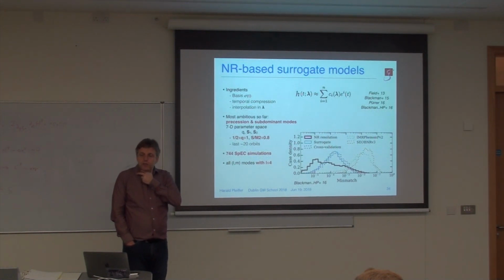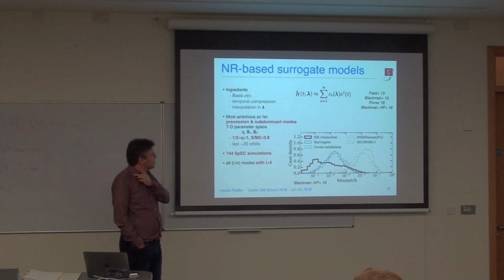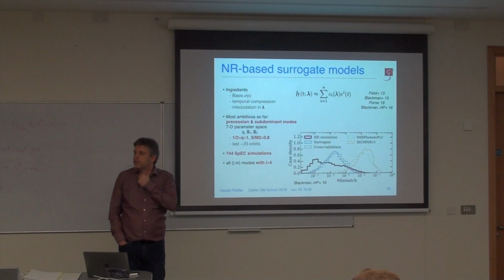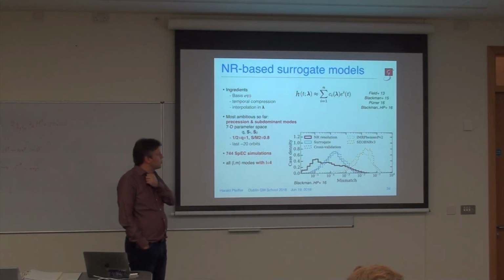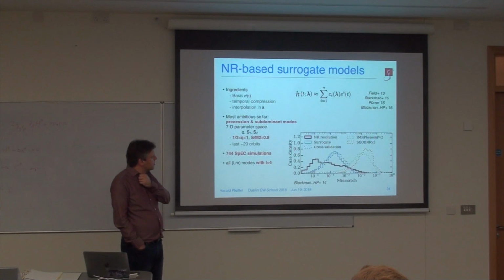And with enough applied math tricks, you can use these 744 simulations and without ever doing an analytic intermediate model, from it construct what is called a surrogate model that behaves remarkably well.